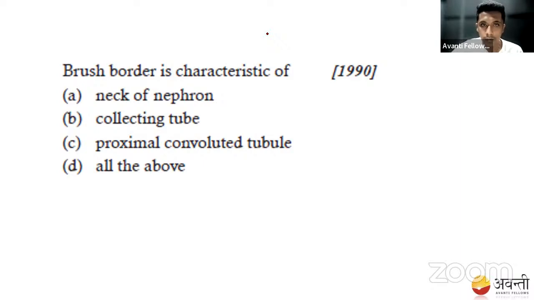I hope the poll is visible for you. The question asked here is, brush border is characteristic of which of the following? Neck of nephron, collecting ducts, proximal convoluted tubule, and all of the above are the given options.